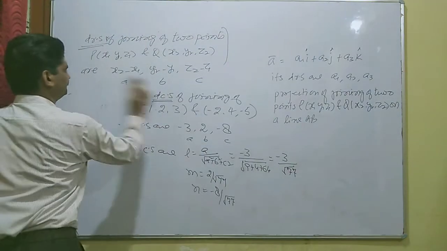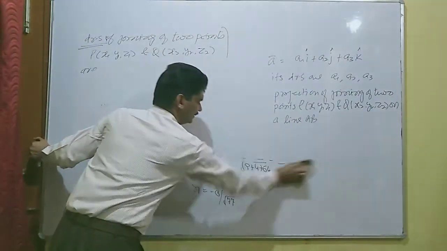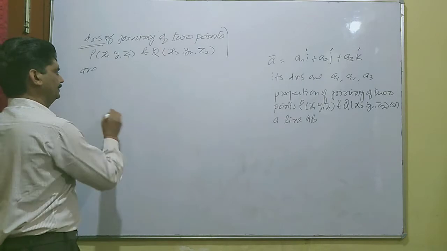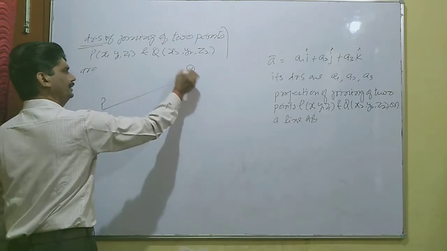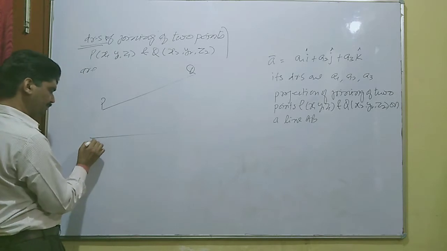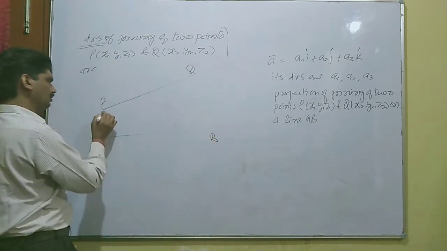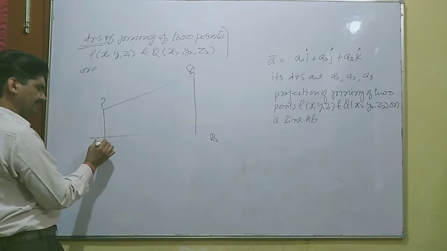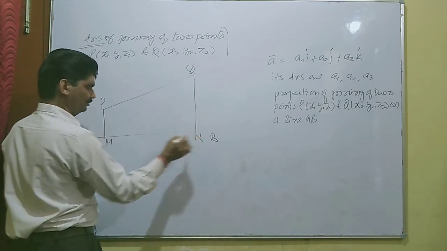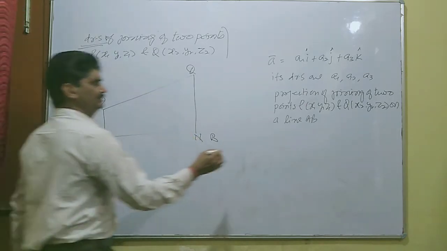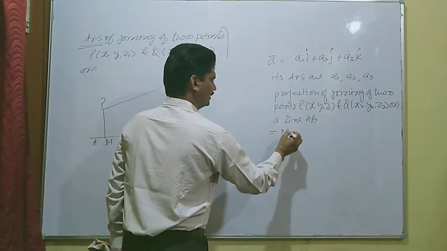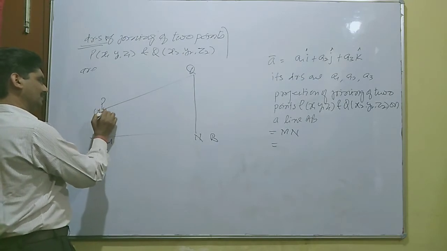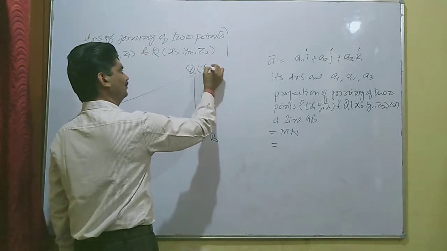For example, PQ is the joining line, and this is a line AB, suppose. For the projection, draw perpendiculars from P and Q on AB, which are respectively PM and QN. So MN is the projection, by the figure, of the line joining the points (x1, y1, z1) and (x2, y2, z2).